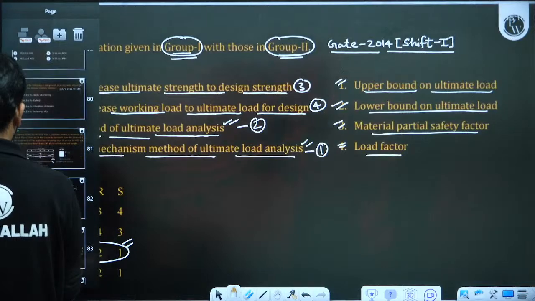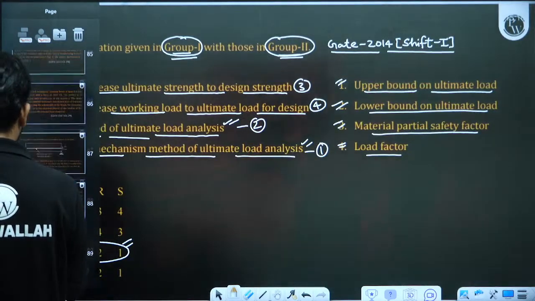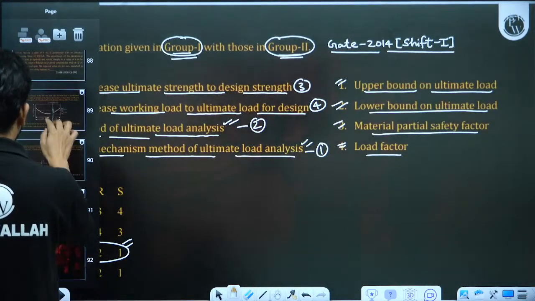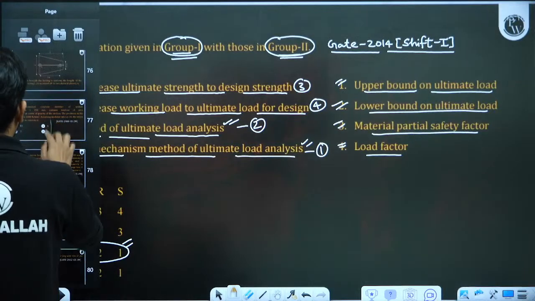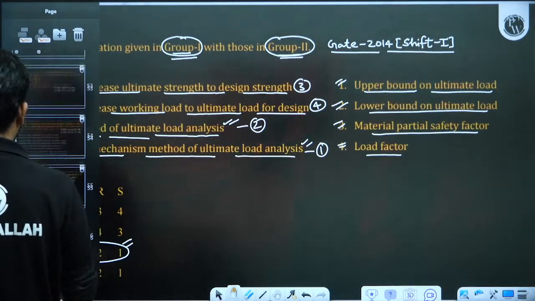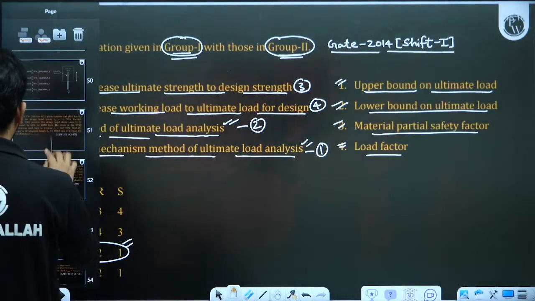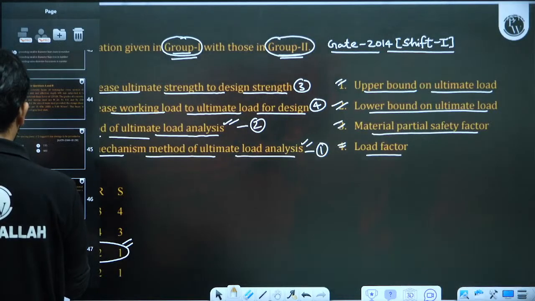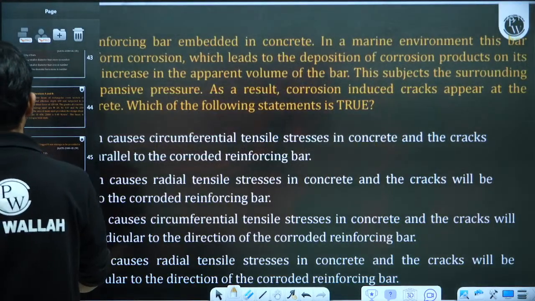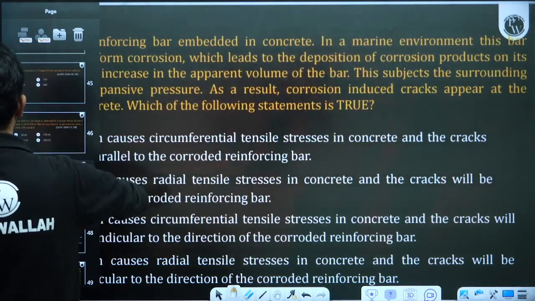Just give me 1 minute. I will see what the critical questions are, if I have any more question which is directly theory based. Okay, this question is a very good question which is theoretical based.